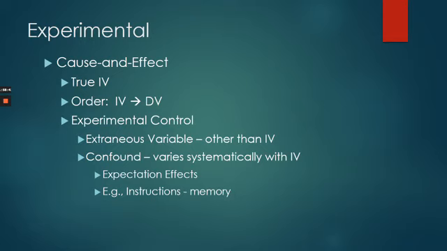Experimentalists say they can talk about cause and effect because they have the true IV. If I show one group red, another blue, and act the same towards both, the only thing that varies is the color they see. If there's an attraction difference, it's because of the color.